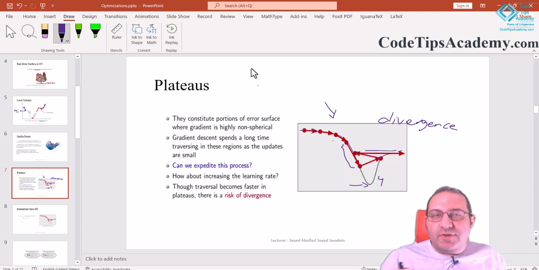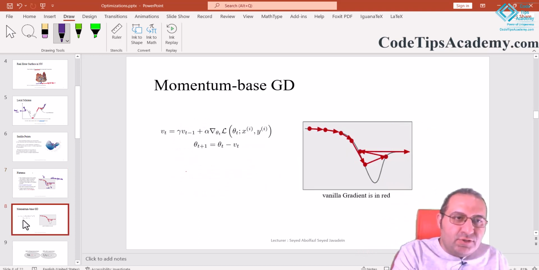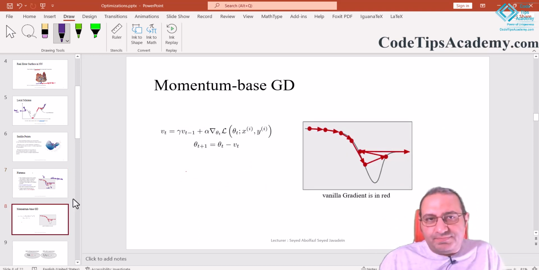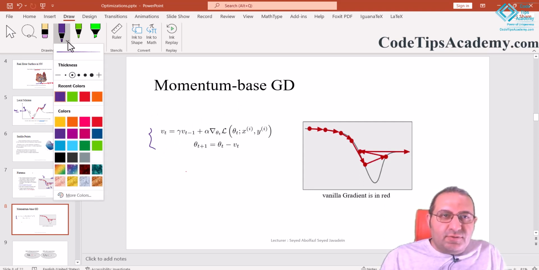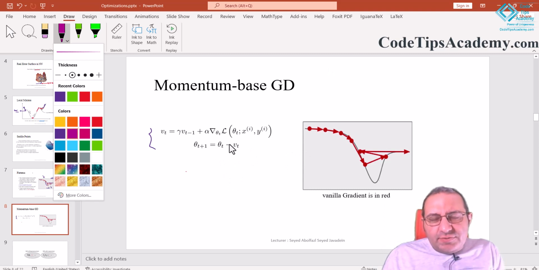We can use a trick to tackle this problem, and we use momentum here. This is the mathematical formula for momentum. Don't be scared of this formula, it's very easy.